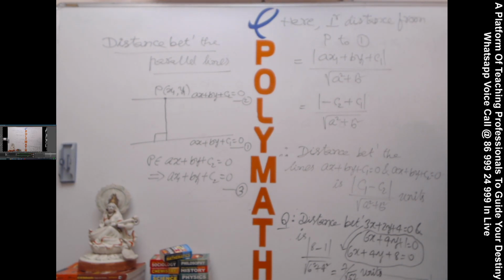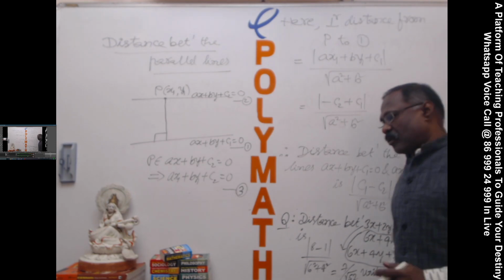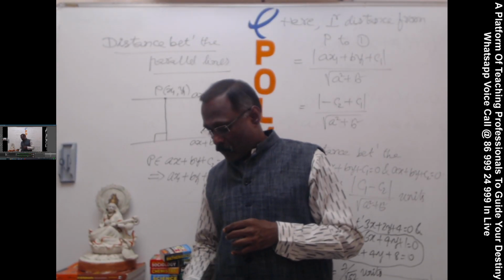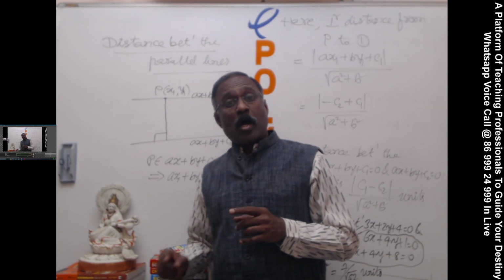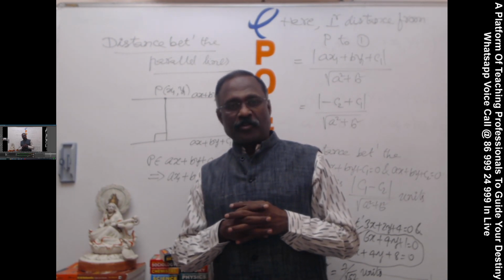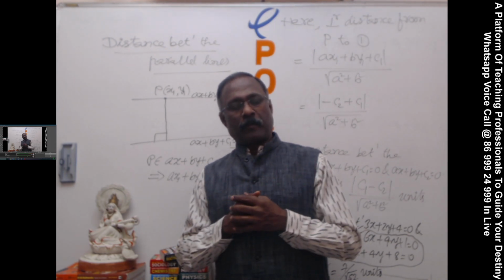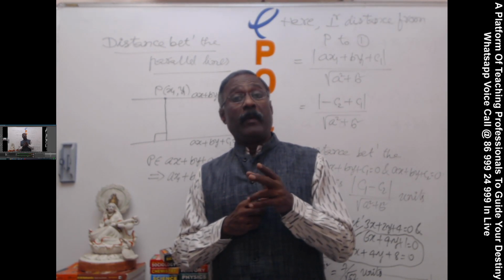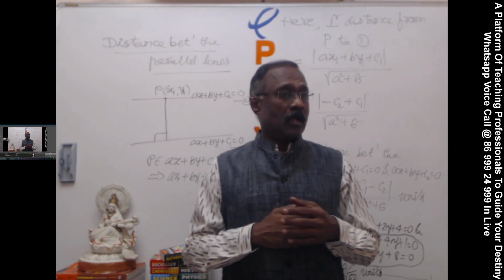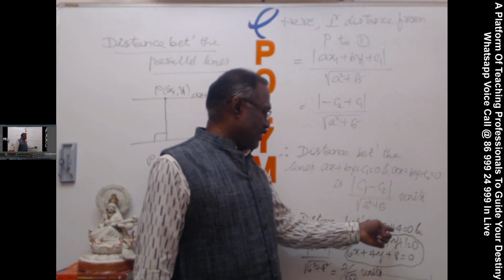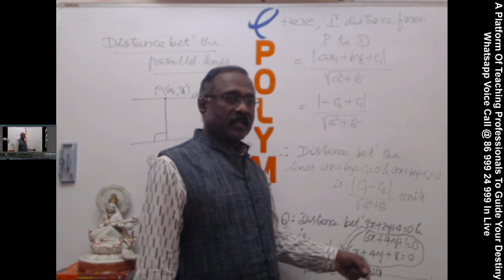So whenever the coefficients are not equal, even though proportional, then you have to make the coefficients equal like this. What did I do? In this case, it is 3x plus 2y. In this case, it is 6x plus 4y.